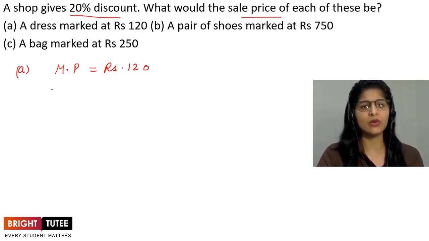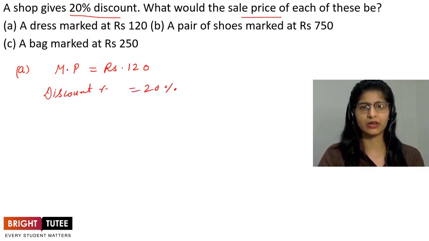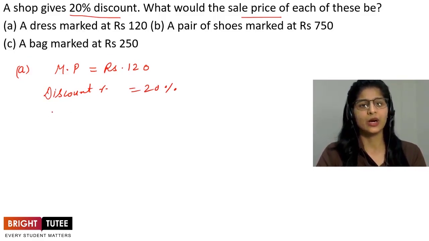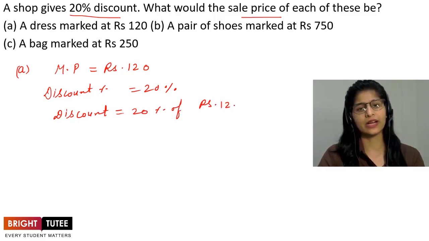And what is the discount? Discount percent is given as 20%. So they are asking for the sale price. Let's calculate it. Can we calculate the discount? Yes, we can. Discount is 20% of rupees 120.